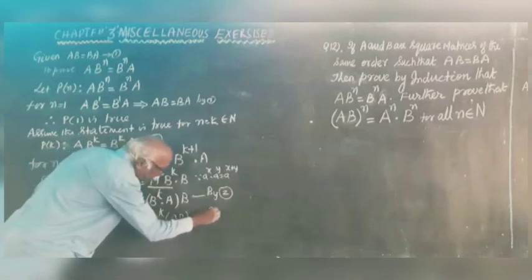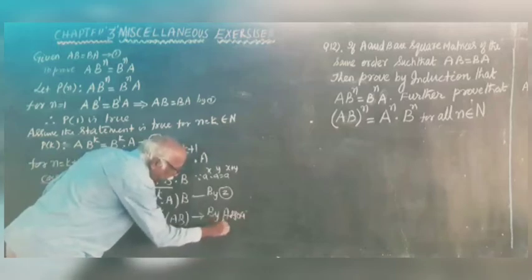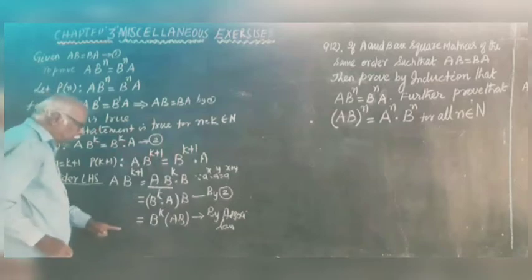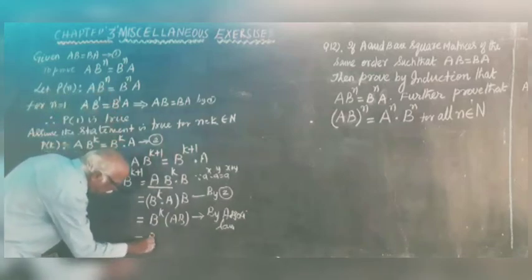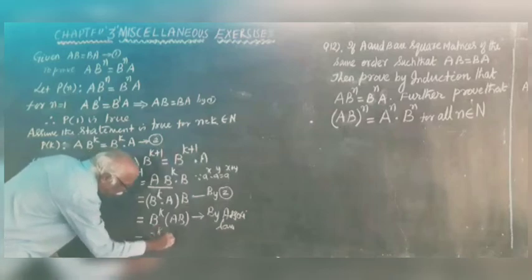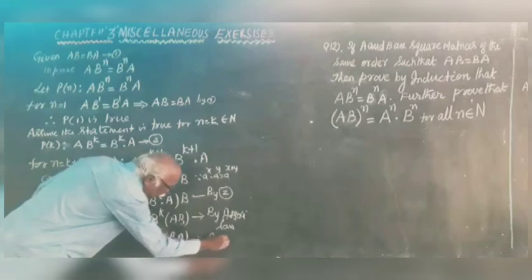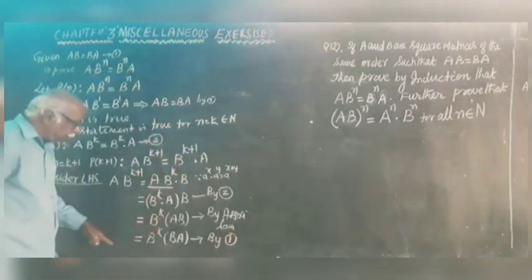By associative law, B power k into BA, by 1, AB converted as BA.